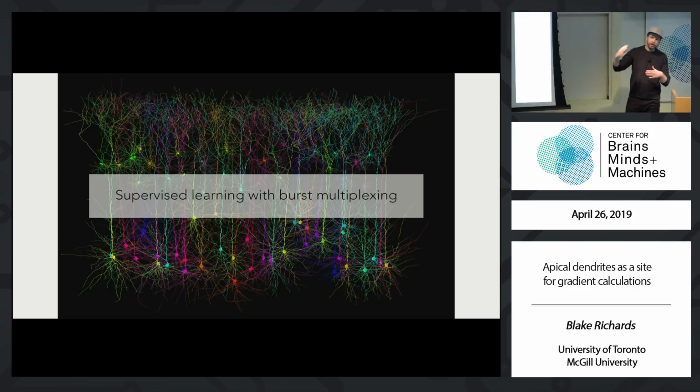It's just that the targets are no longer labels, but are something like predictions of the sensory inputs you're going to get. So the question of supervised versus unsupervised learning is an interesting one, but for this talk, I'm going to stick to showing you how we can do supervised learning with this burst multiplexing system.